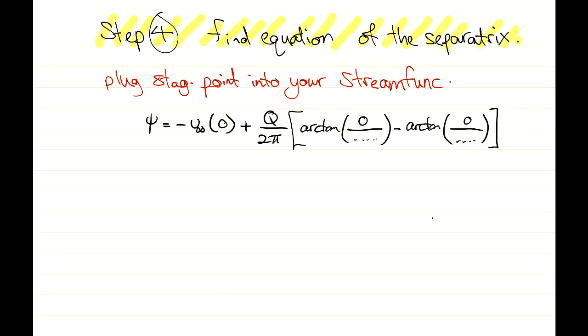Okay, and you should know that my stream function constant is going to be equal to 0. Okay, good. Okay, and now I substitute this constant back into my stream function equation.